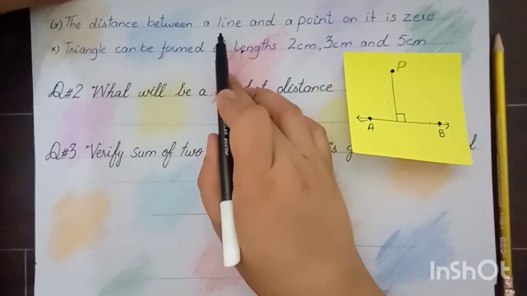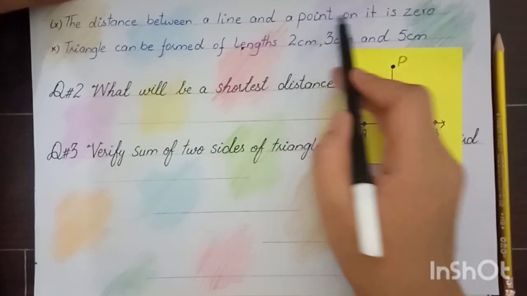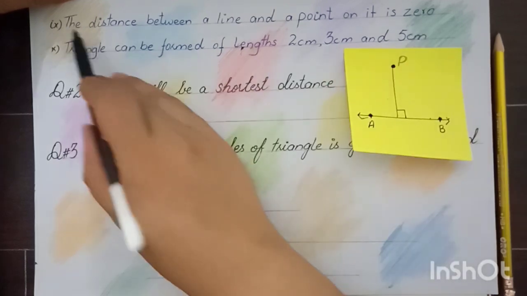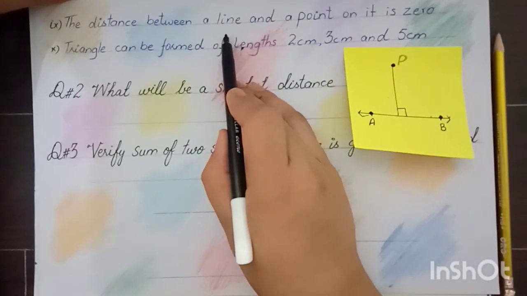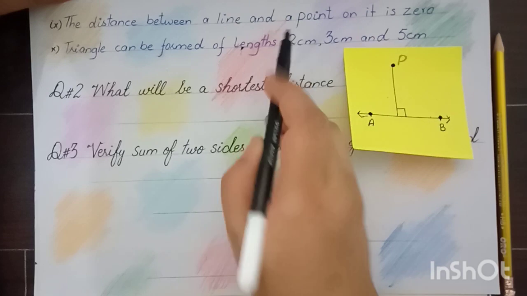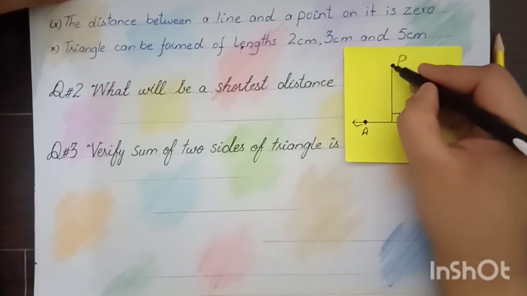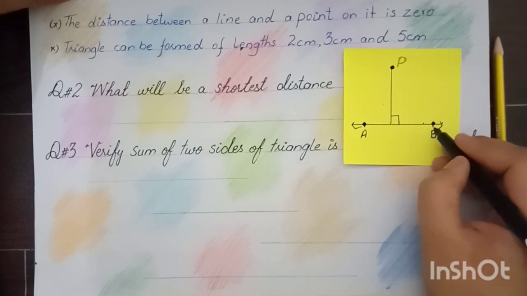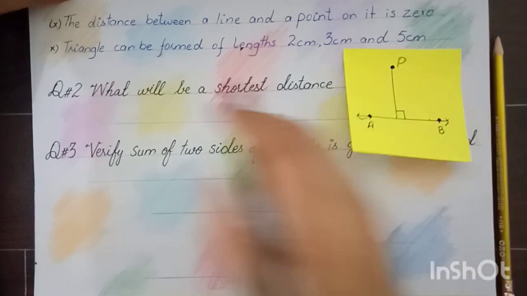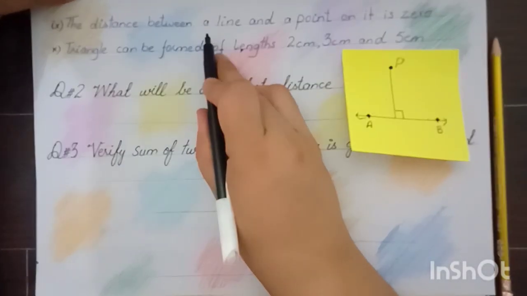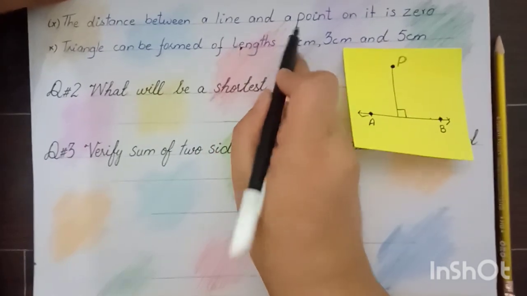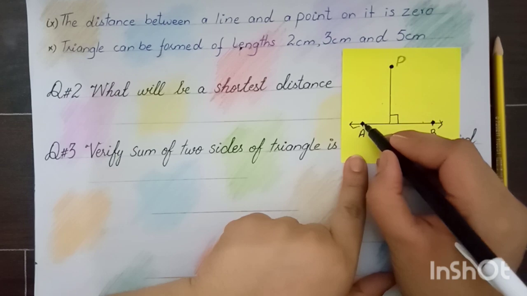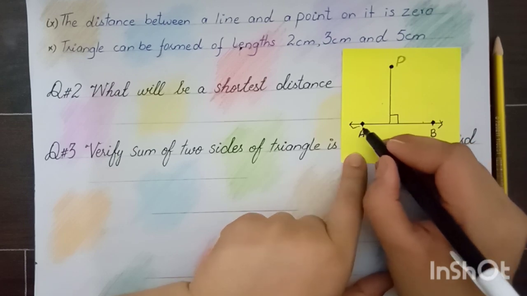My next point is, the distance between a line and a point on it is 0. Through the diagram, this is a point P, this is a point A, and this is a point B. He said the distance between a line and a point on it means the point lies on the line.